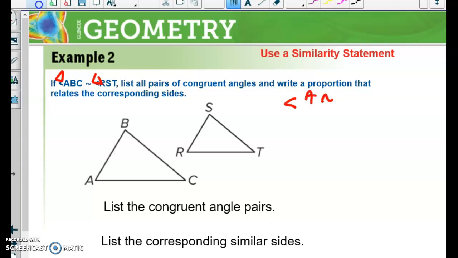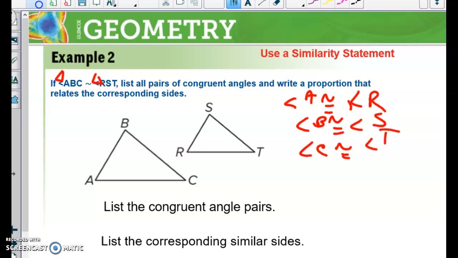Angle A is congruent to angle R. Angle B is congruent to angle S. And angle C is congruent to angle T. So the angles stay congruent, even if they're similar. What changes is the side ratio.